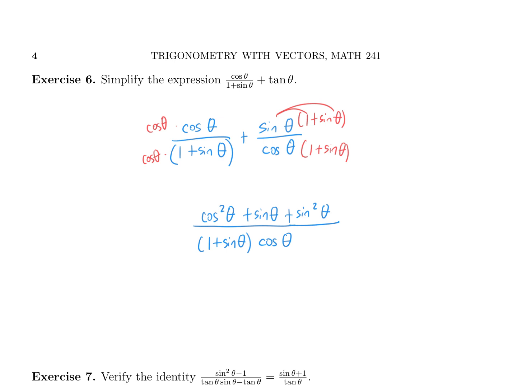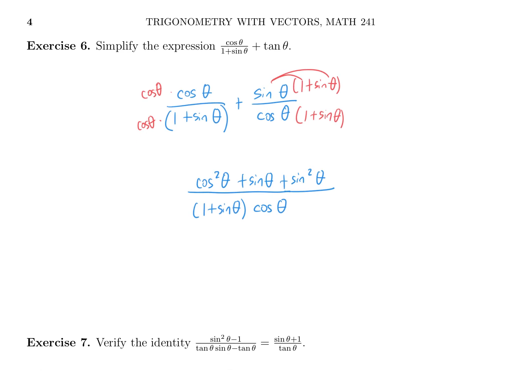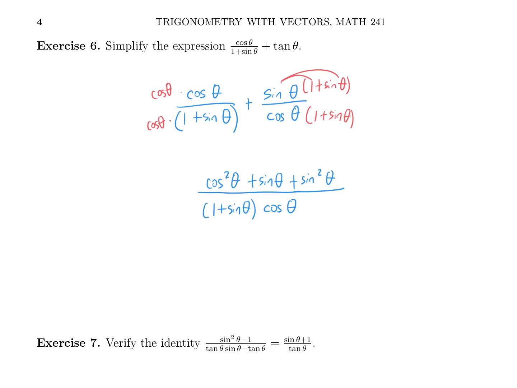And now, if you look at the numerator, you should recognize that cosine squared plus sine squared is equal to 1. So that's once again why it's important to know the identities like the back of your hand, because those two terms add up to 1. Cosine squared plus sine squared is equal to 1.